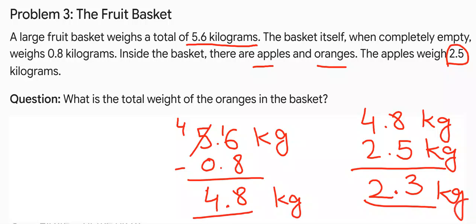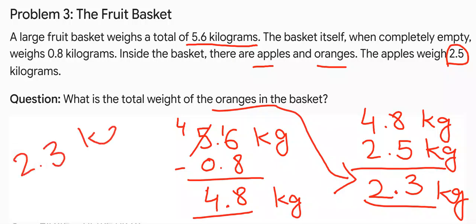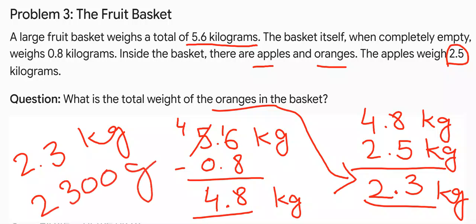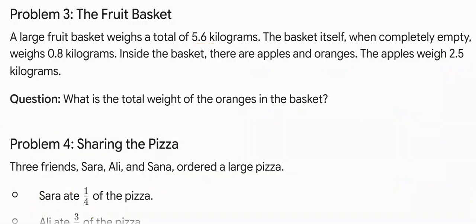What is the total weight of oranges in the basket? That is 2.3 kg. If we have to write the same answer in grams, then 2.3 kg will be 2300 grams. Okay, let's do the next question.